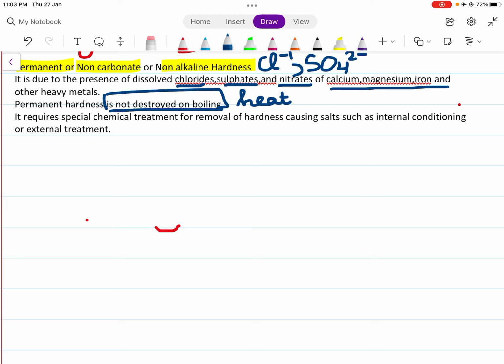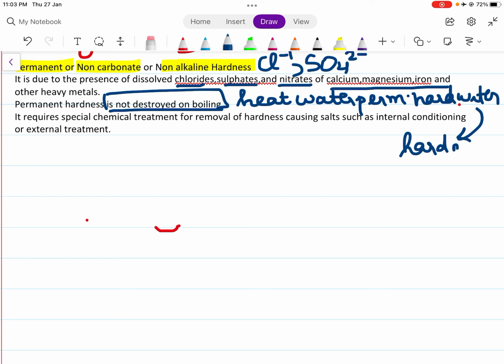If you heat water having permanent hardness, the hardness will not vanish. Only temporary hardness can be removed by mere boiling, but not the permanent one. It requires special chemical treatments for the removal of the hardness-causing salts, such as internal conditioning or external treatment. What are these treatments?